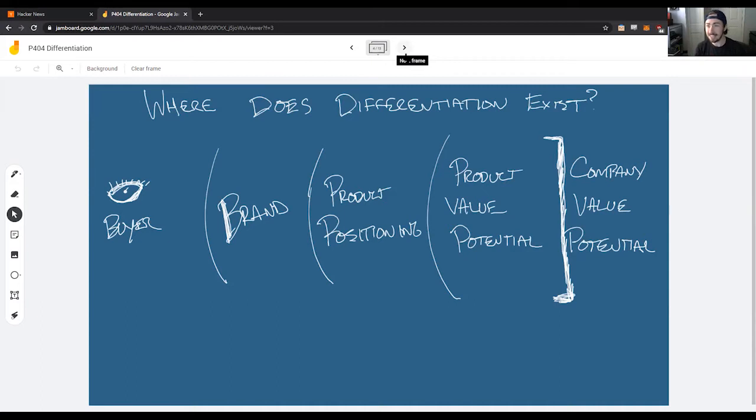Then we actually hit the product functionality, the stuff that you care about, right? And this is where you talk about your product's value potential. And I specifically use the word value potential here rather than functionality, because I think too often we tie our functionality to a specific solution. We say this functionality is for this, right?